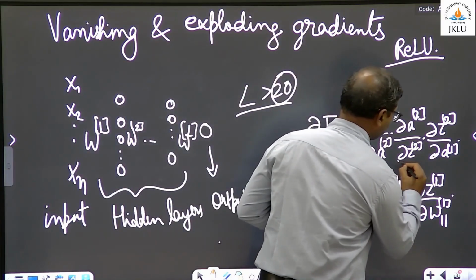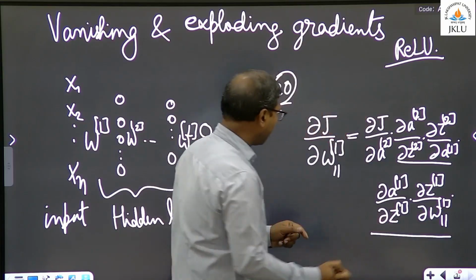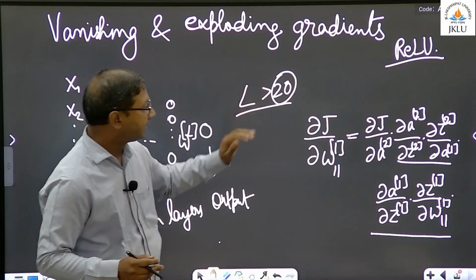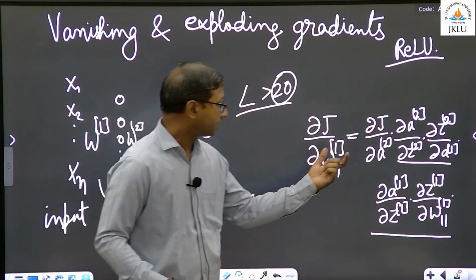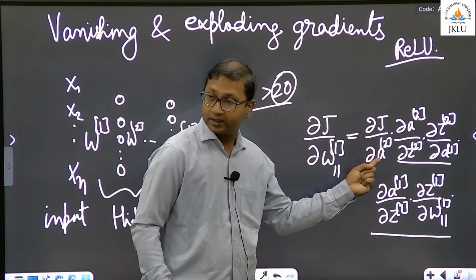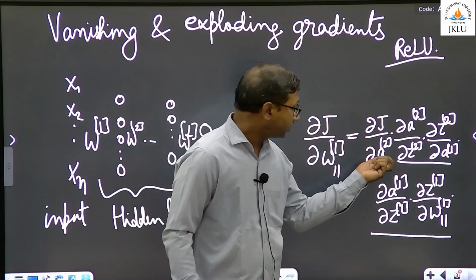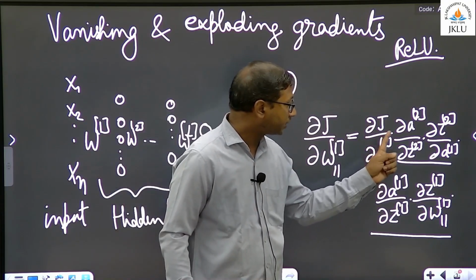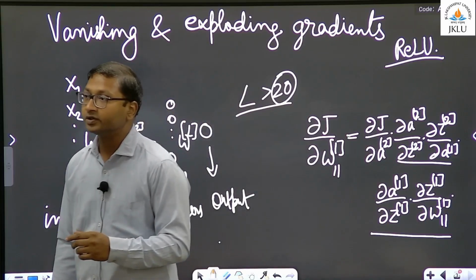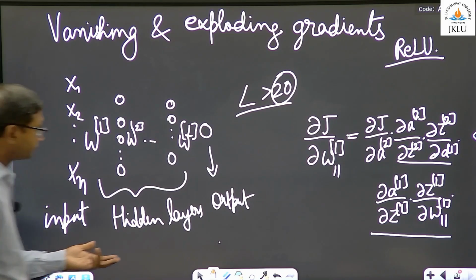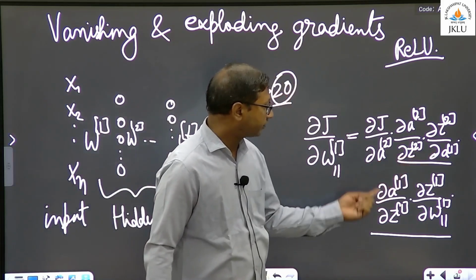Now, how will this change if I am talking about a 10 layer network? Del j by del A10 and then so on. So, corresponding to A and corresponding to Z, you will have 2 terms per layer, A1, Z1, right.